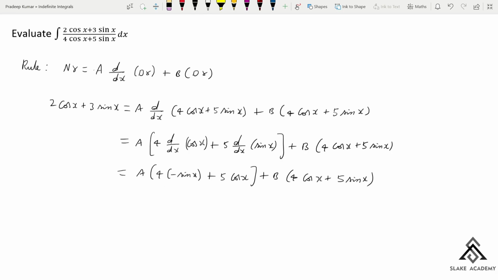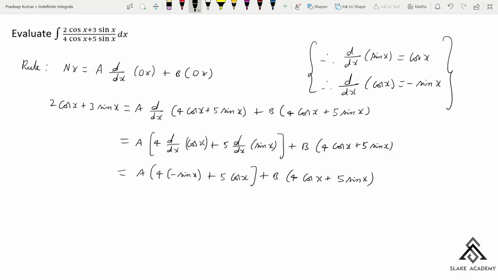So these formulas I'll write here. d by dx of cos x is minus sin x. We need to remember this. The other one is d by dx of sin x, which is nothing but cos x. So these are the two formulas which we have used over here.